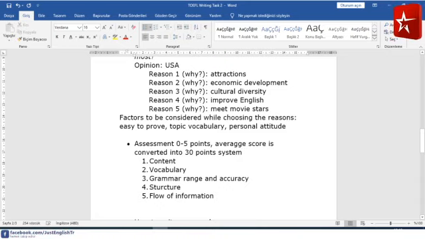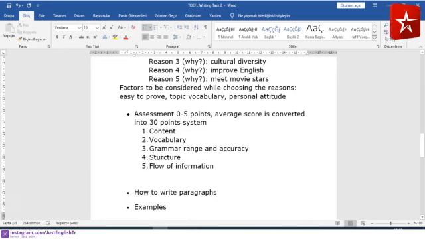Someone will be reading your essay, maybe another person will be reading your integrated writing, and actually there should be a minimum of 2 people reading your essays and integrated writing, and then the average score, for example, your average score is 3.75, will be converted into the 30-point system. Okay? This is all about the assessment of your essays.